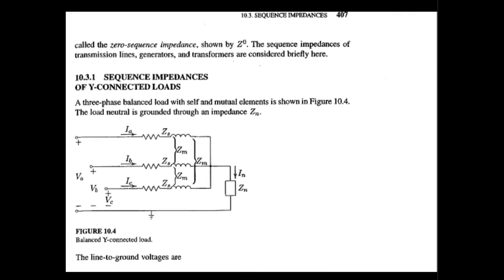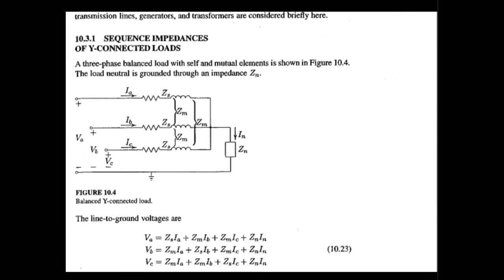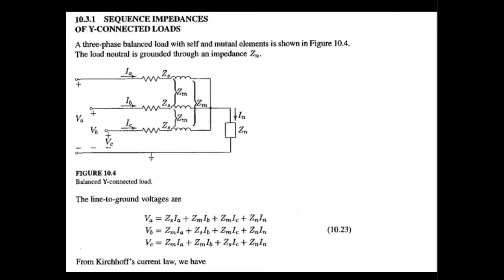Like voltage and current, you will have the zero sequence, positive sequence, and negative sequence impedance as well. Okay. And this is the network which is Y connected network, right? How can we justify that it is Y? Can we understand that network is Y?